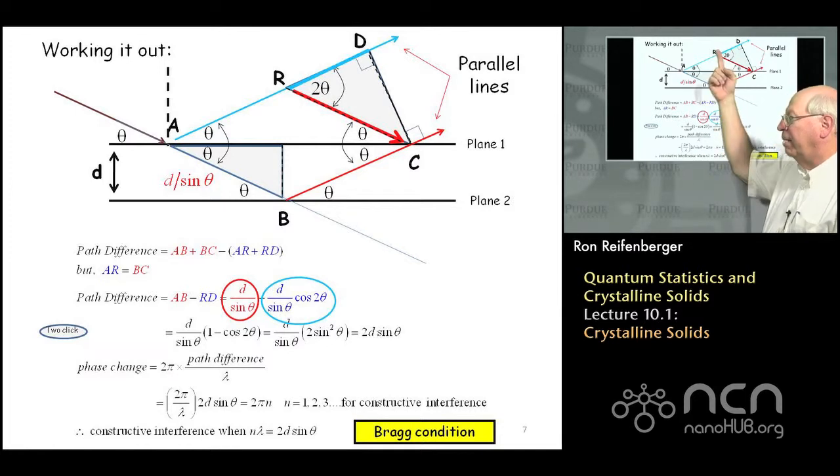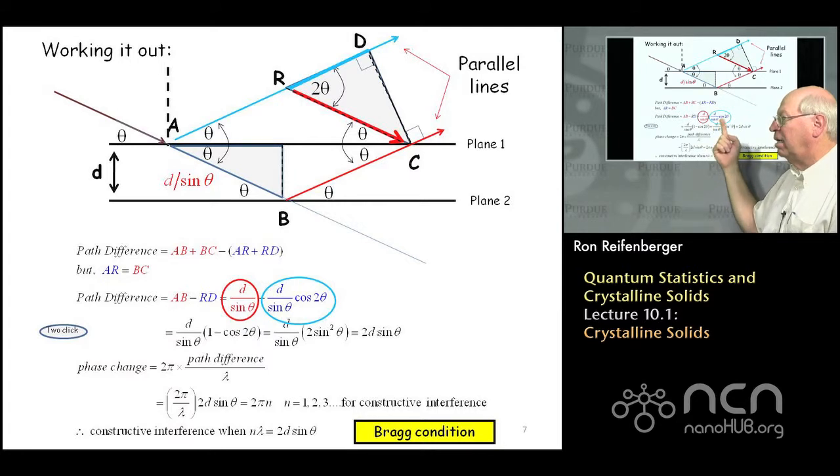The path length RD is then given by d cosine 2 theta divided by sine theta. You want to take the difference between those two path lengths, and if that path length difference is equal to an integer times the wavelength of light, then you're going to get constructive interference. And so you can work through this arithmetic, and at the end of the day, you get this very famous condition, which is known as the Bragg condition.